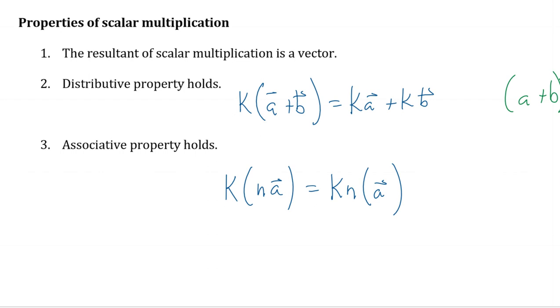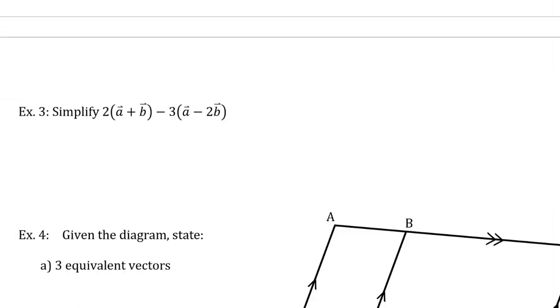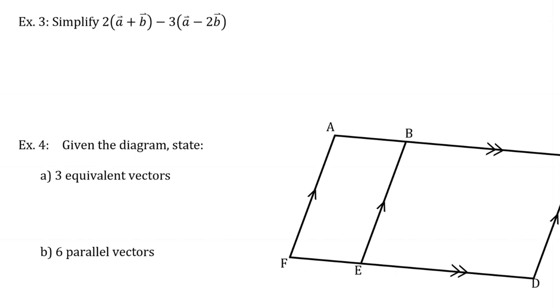That's the associative property, and it does hold for scalar multiplication. I'm not sure you're necessarily going to memorize all of these properties, but some of them are going to be important, and there are some that, when we learn they're not true, are important to remember and not try to use, because that does happen once in a while. And we'll see that a little bit moving forward in the next few days.